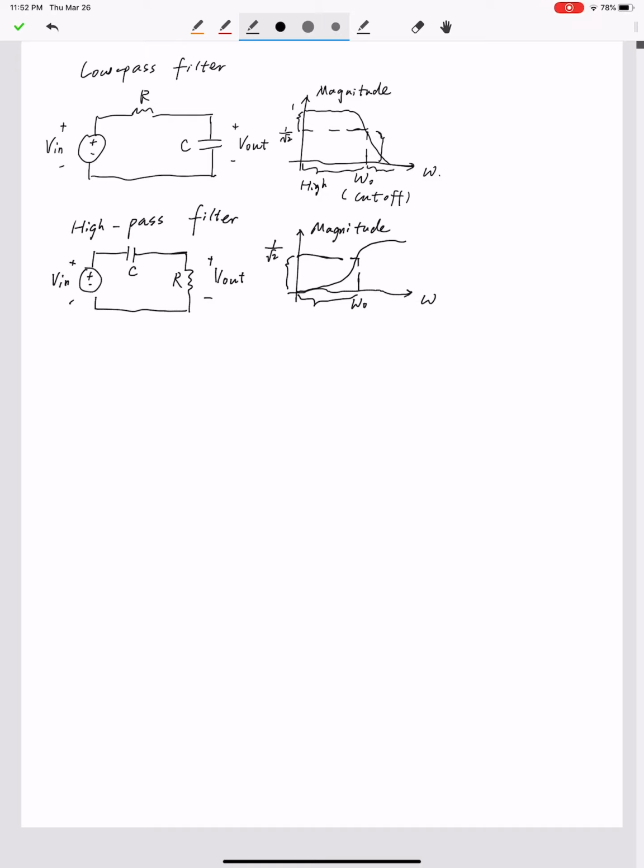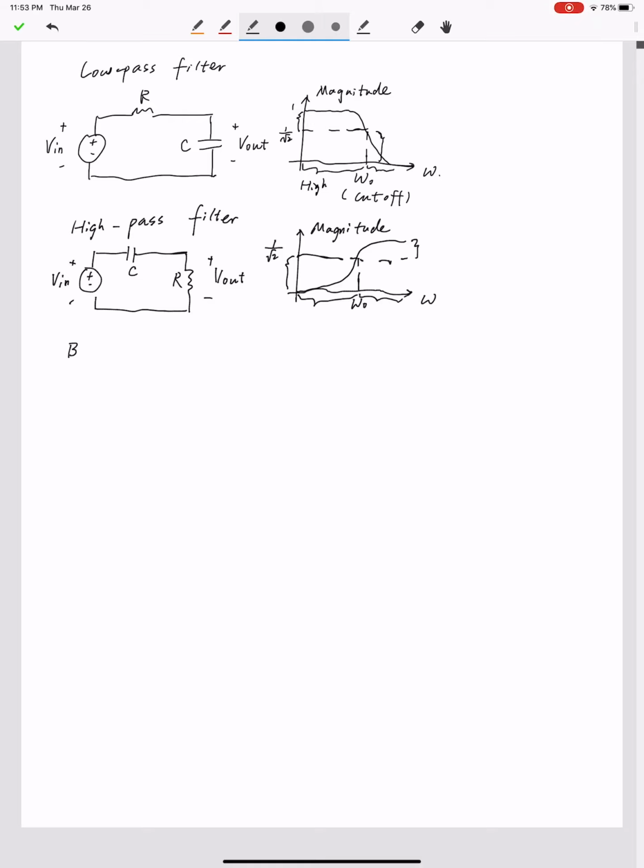And when the input signal has a frequency component above the cutoff frequency, then the magnitude is high, which means the high pass filter will accept high frequency components, right? So those are two types of filters that are built based on first order differential circuits, RC circuits.